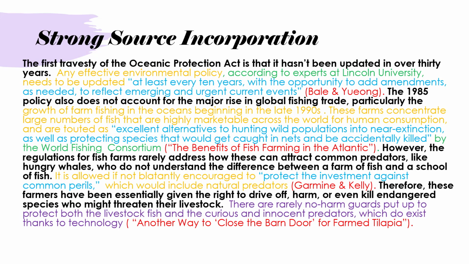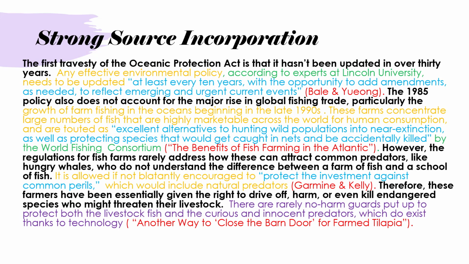However, the regulations for fish farms rarely address how these can attract common predators like hungry whales who do not understand the difference between a farm of fish and a school of fish. All right? So by using their words that this is supposed to protect species that would be accidentally killed, we're like, hey, you're not protecting all species, because your regulations aren't protecting them.